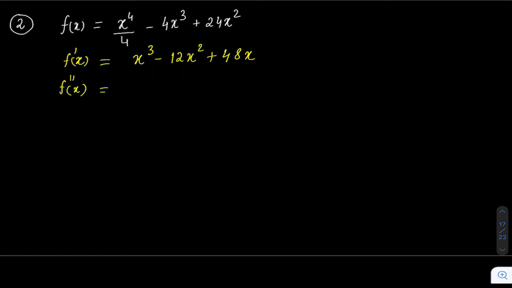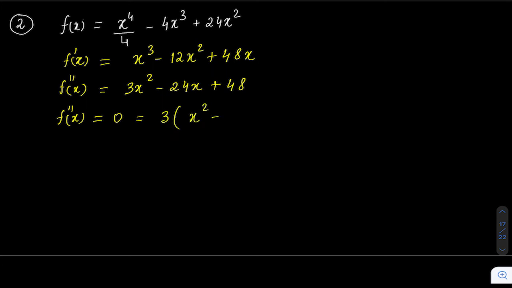Then find f double dash x. So f double dash x will be 3x square minus 24x plus 48. And then equate f double dash x to 0 to find the potential points for inflection. This 3 can be taken common.